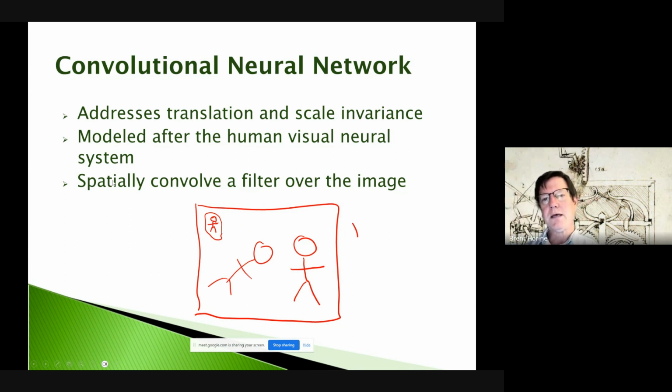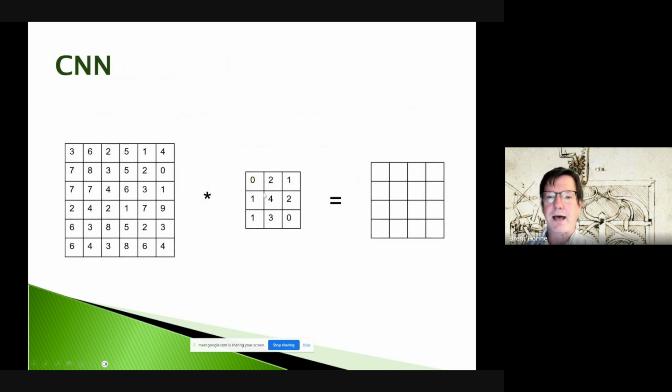But as electrical engineers, maybe to date your convolutional work has been in one-dimensional signals. Now we're going to talk about spatially convolving a filter over the image. So instead of over time, it's going to be in space, and we're often going to be working in 2 dimensions. So how does this work?